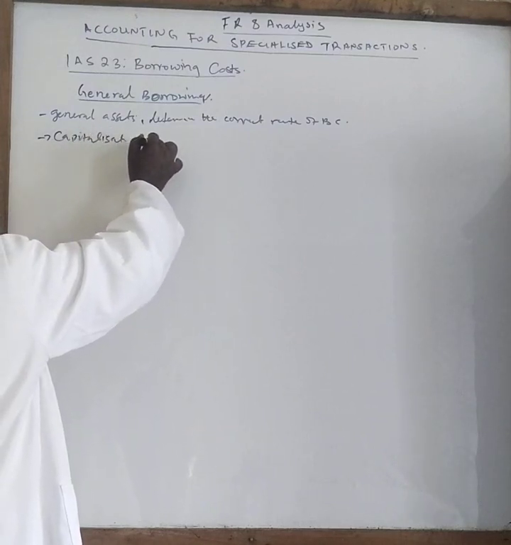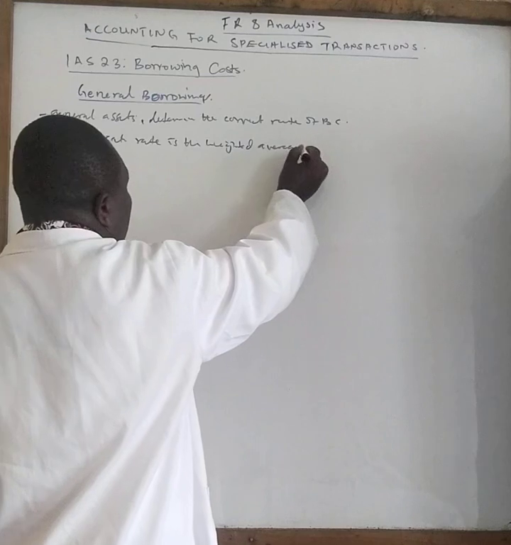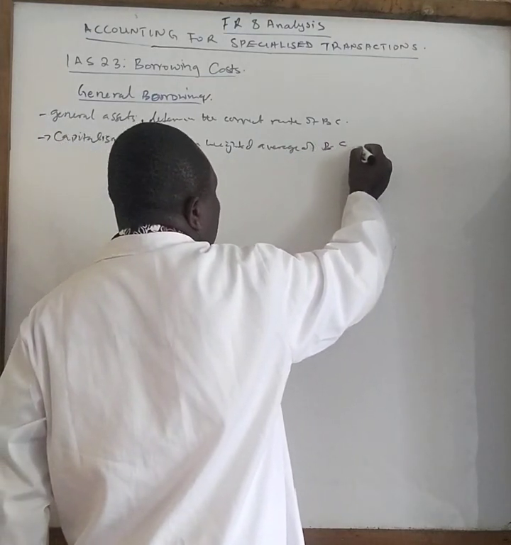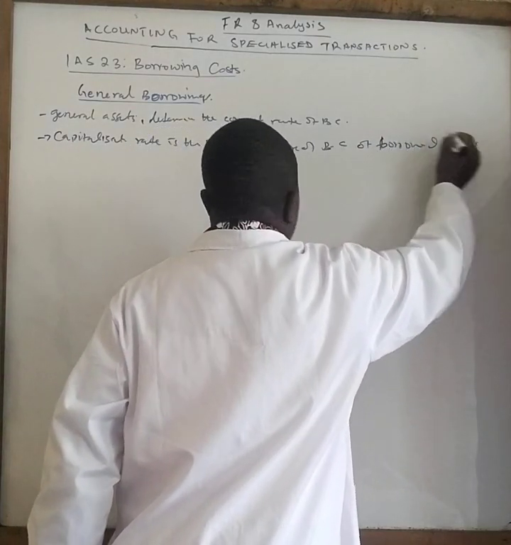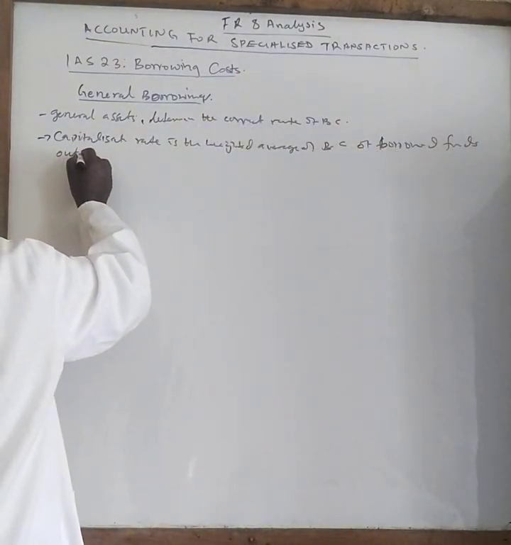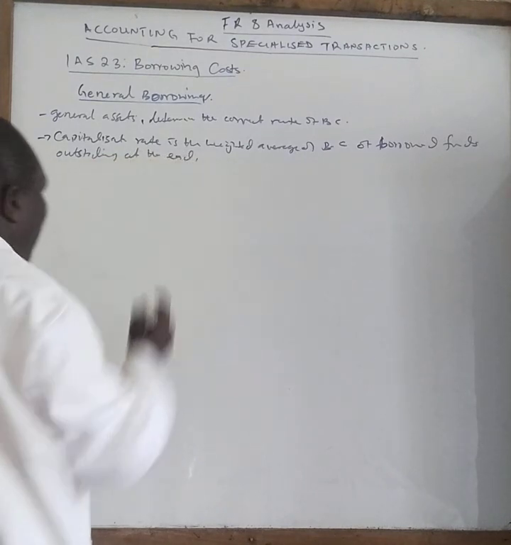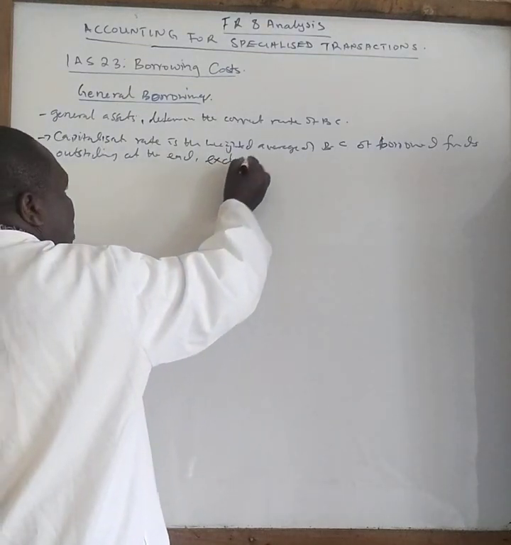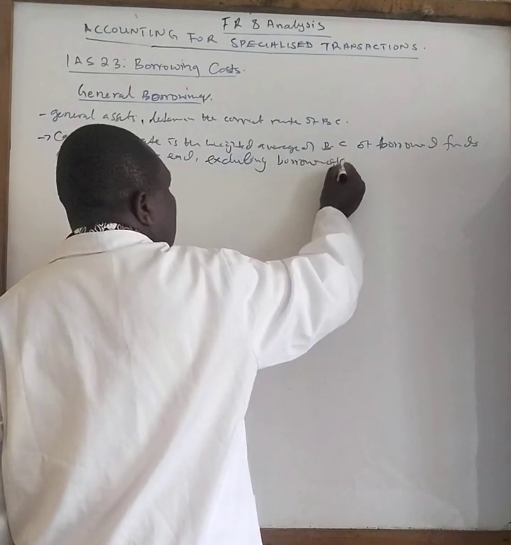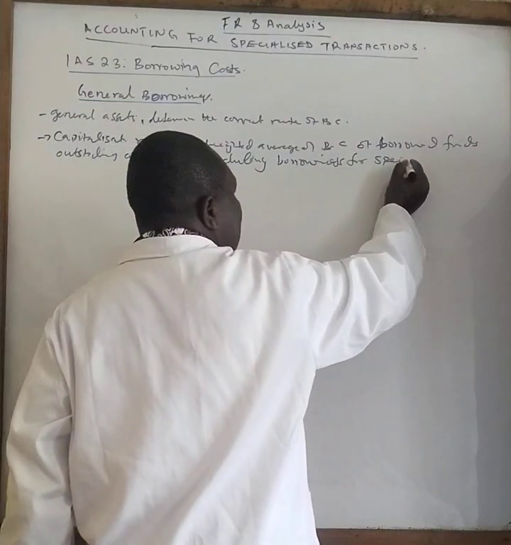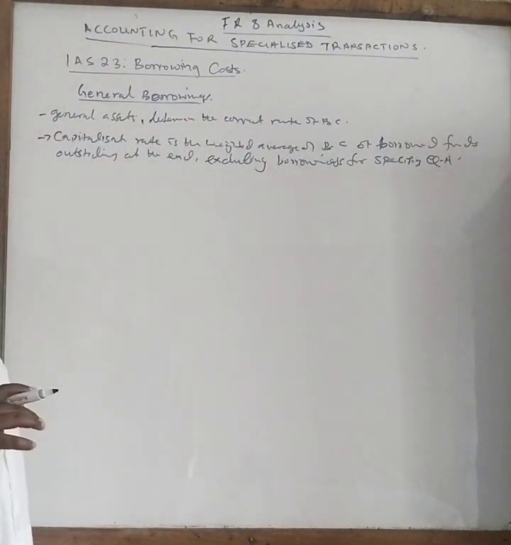Capitalization rate is the weighted average of borrowing cost of borrowed funds outstanding at the end, excluding, very important term, excluding borrowings for specific qualifying asset. I want us to understand the question right.